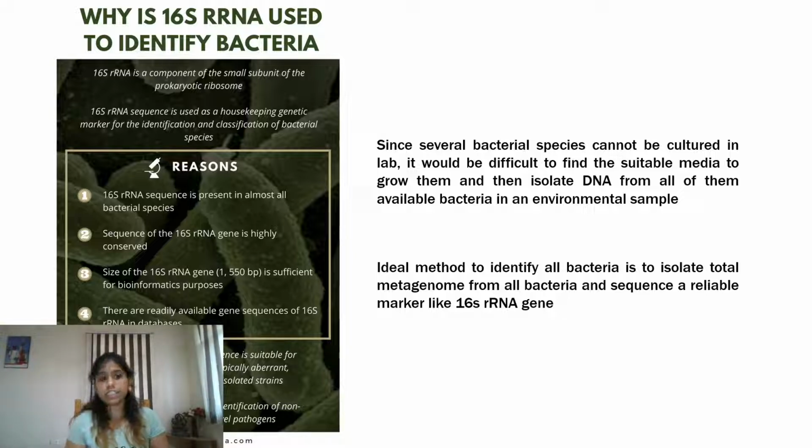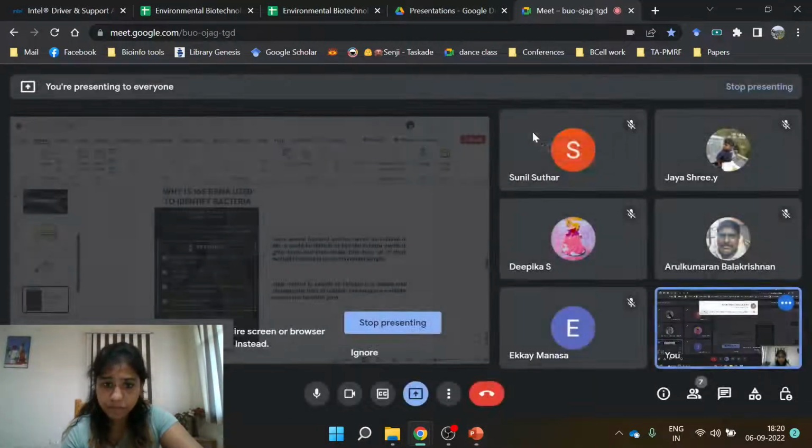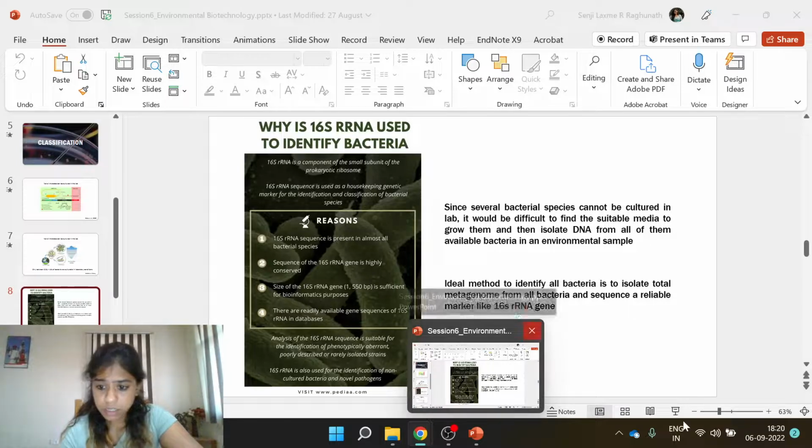So not just 16S rRNA, other rRNA subunits are also used for such housekeeping gene sequencing. So 16S rRNA is there in almost all of the bacterial species of interest that we are trying to understand.